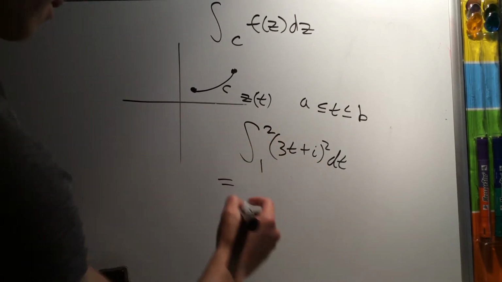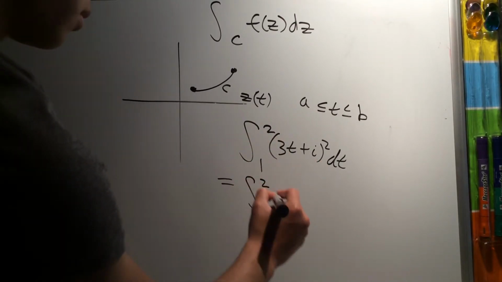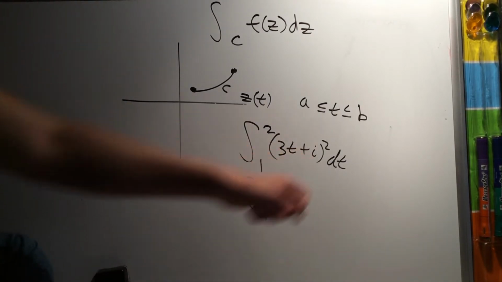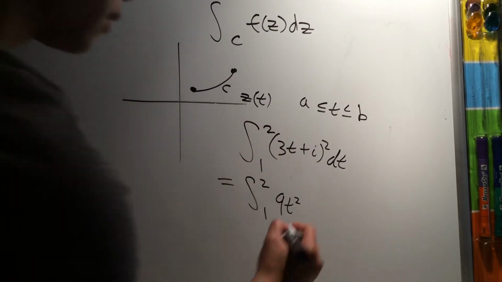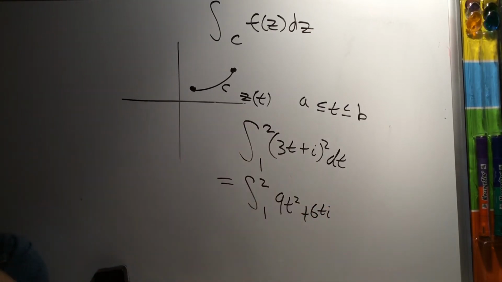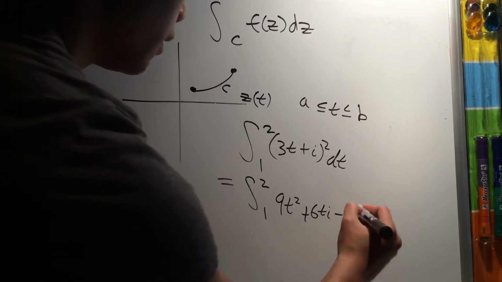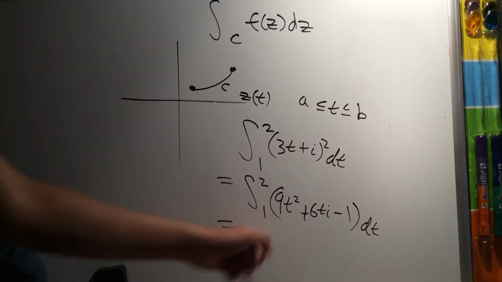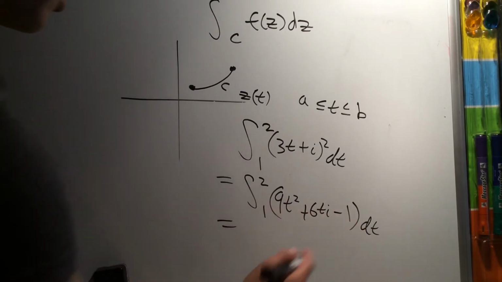We expand this out, so we get our integral from 1 to 2 of 9t squared. 3t times i gives us 3ti, but we have two of those, so we have plus 6ti. And of course, i squared is just minus 1, and that's dt. So when we take the antiderivative of each term, what do we get?